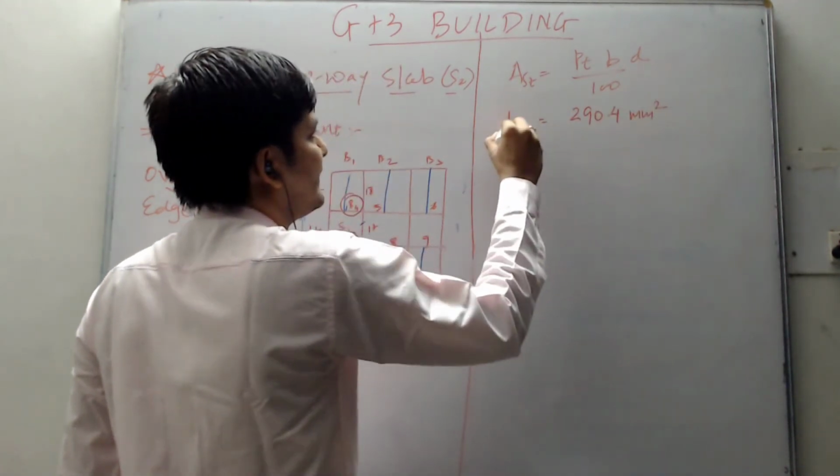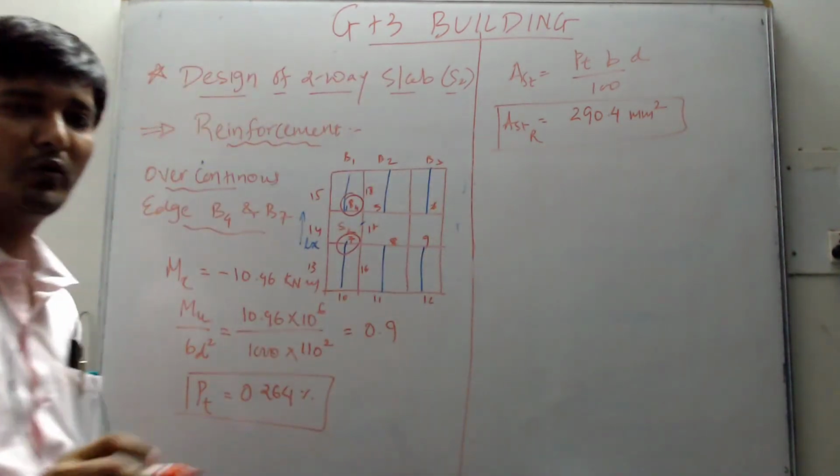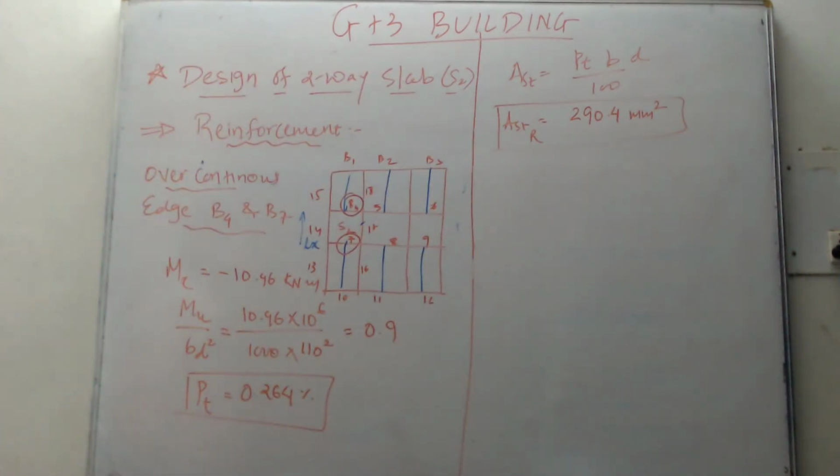Again, this is AST required. Now we need to go to SP16 again, table number 96.